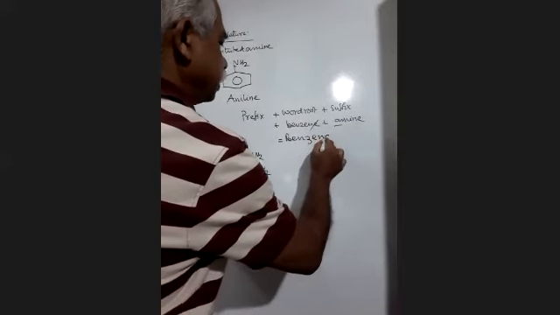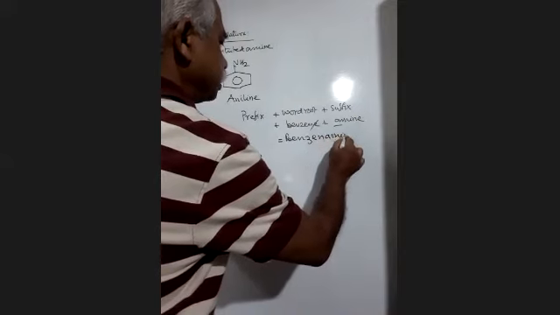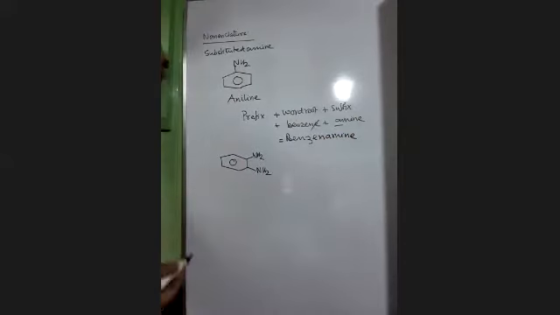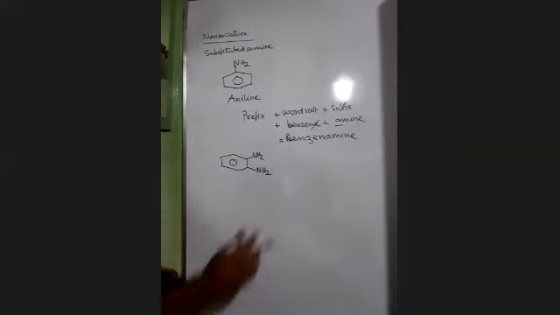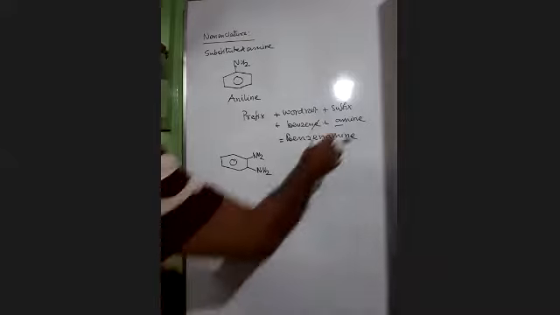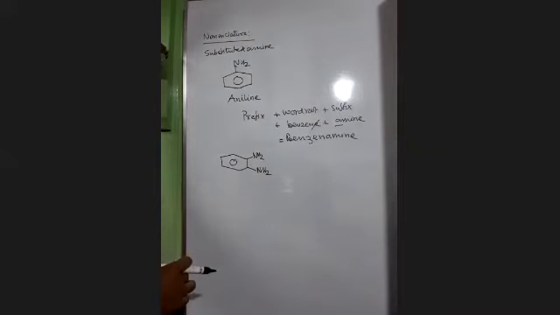I think she corrected all my spelling. Yes, miss. Thank you. This is benzenamine. Sir, there will be a Z, no? What is the spelling of benzene? See, this E is being removed because now it is a vowel. Okay.